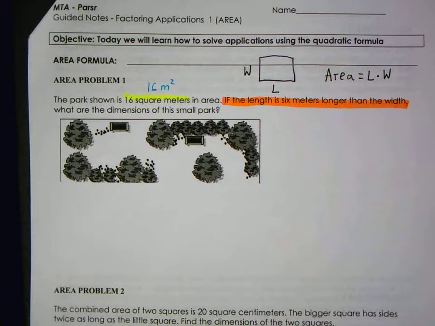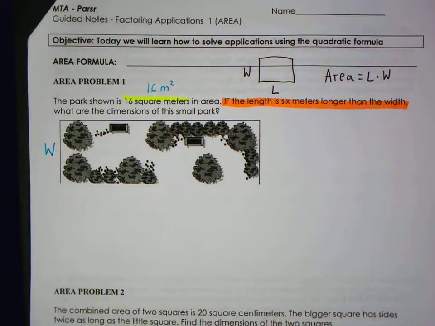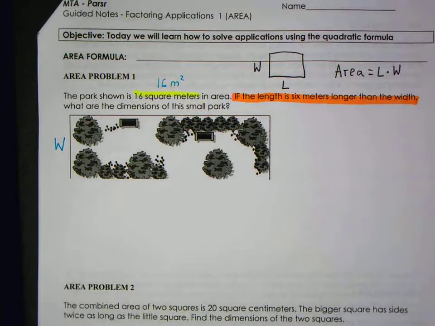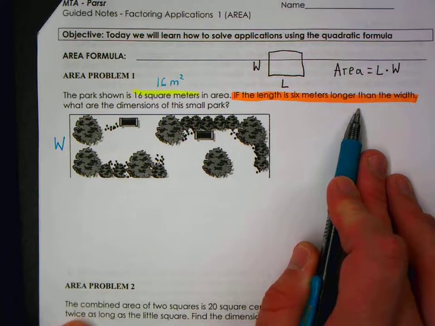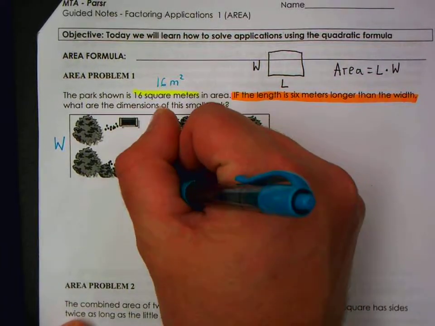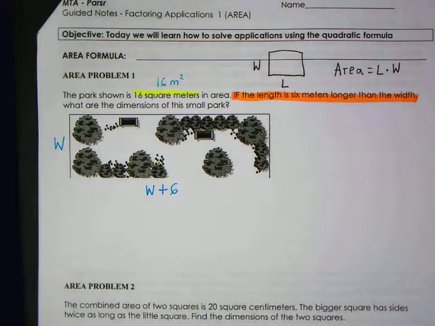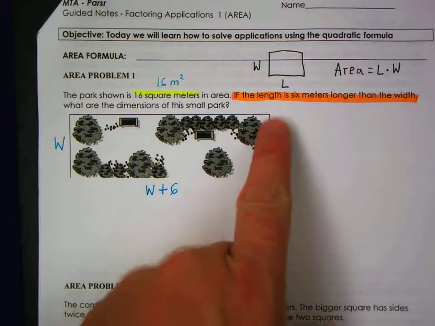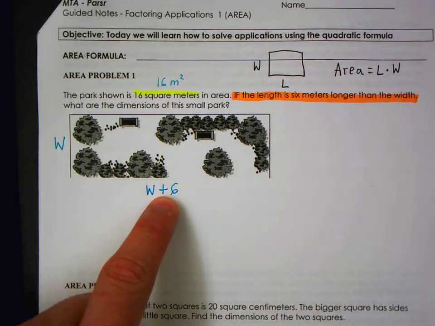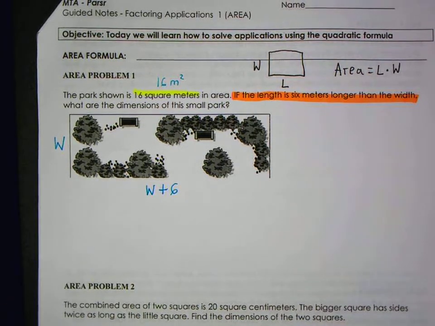Well, let's let the width be W. And if the width is W, then the length is 6 meters longer. That would be W plus 6. Does that make sense? Now, what are the dimensions of the small park?